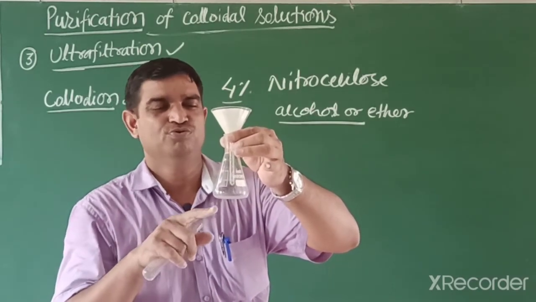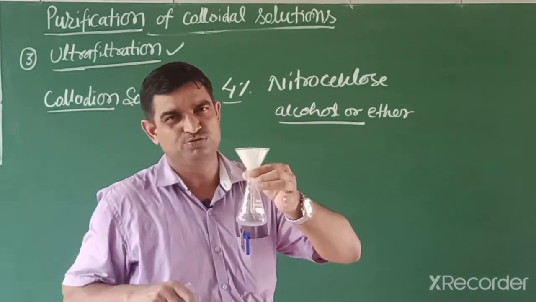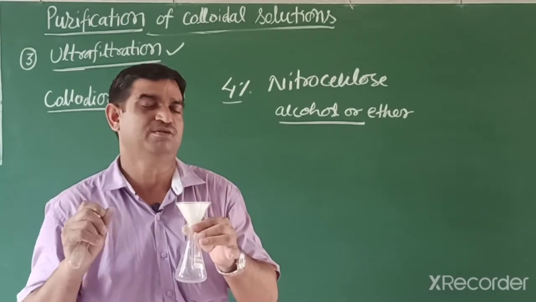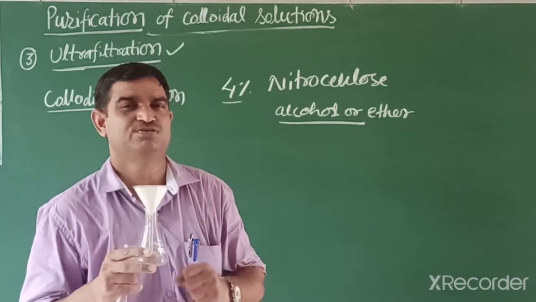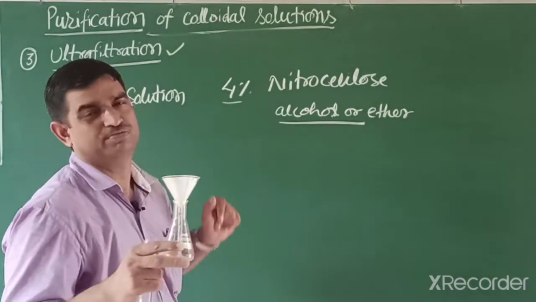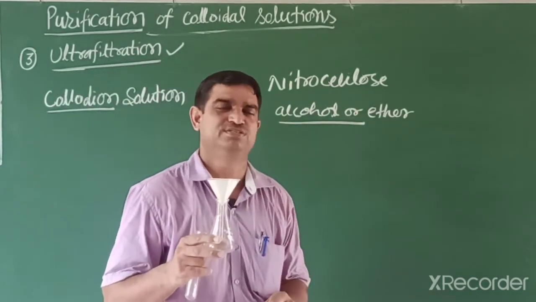At first we use normal filter paper to separate the suspension. After that we make a special filter paper using a particular solution known as collodion. Collodion solution means 4% nitrocellulose in alcohol or ether.